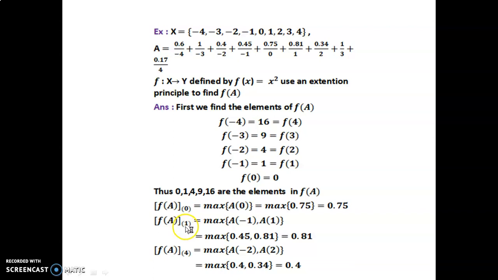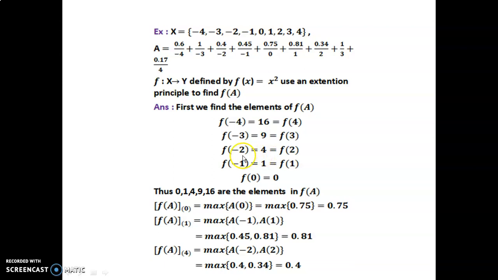So f of A suffix 1 is equal to max. For this element 1, there are two assigned, -1 and 1, so take A of -1 and A of 1. A of -1 in the given fuzzy set has grade 0.45. A of 1, the grade is 0.81. Max number is 0.81.